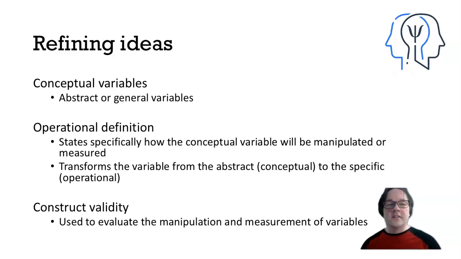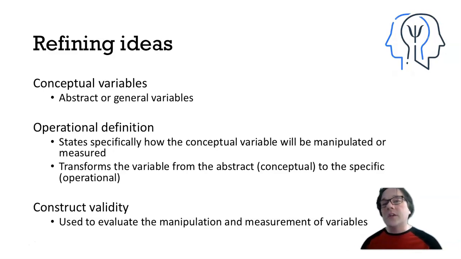And that's where this idea of construct validity comes in. Construct validity is used to evaluate whether or not you're actually manipulating or measuring what you claim to be. Another way to think about construct validity is, how good is your operational definition?